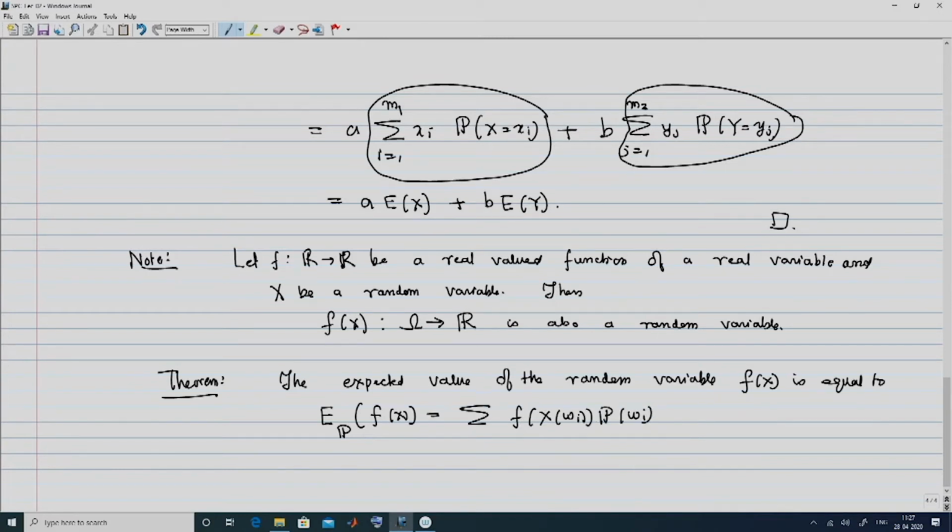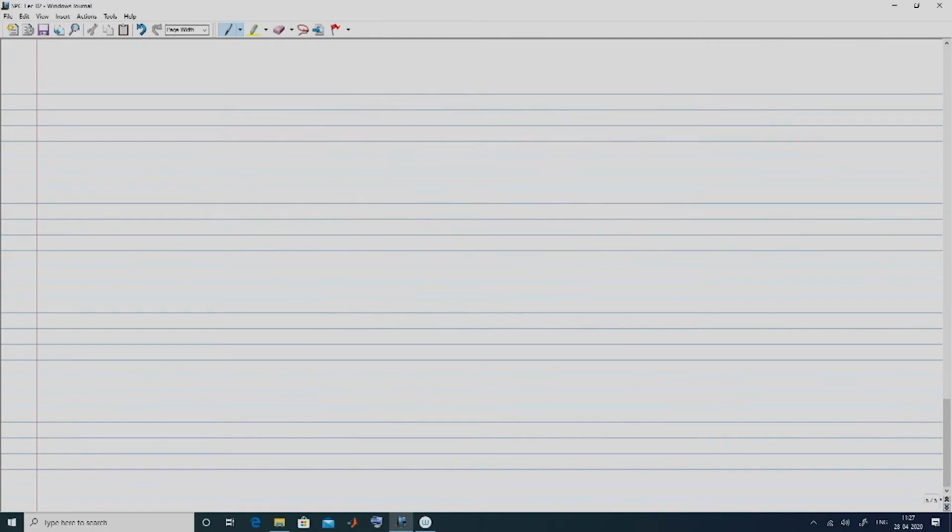As before, if x takes the values x1 through xm, then this is simply the sum of f of xi into the probability that x equals xi, and this time i goes from 1 to m. Remember that we had taken the random variable x to take the values x1 through xm.